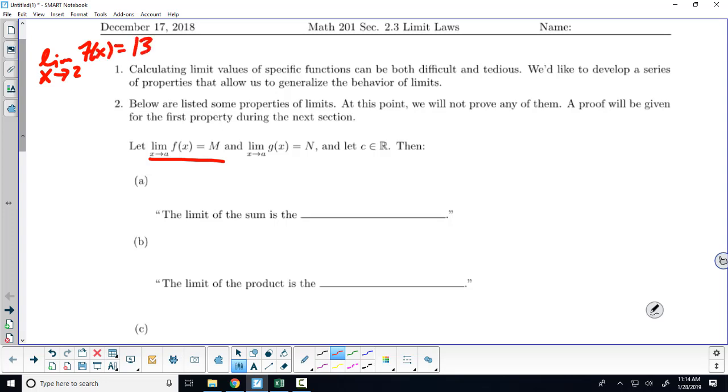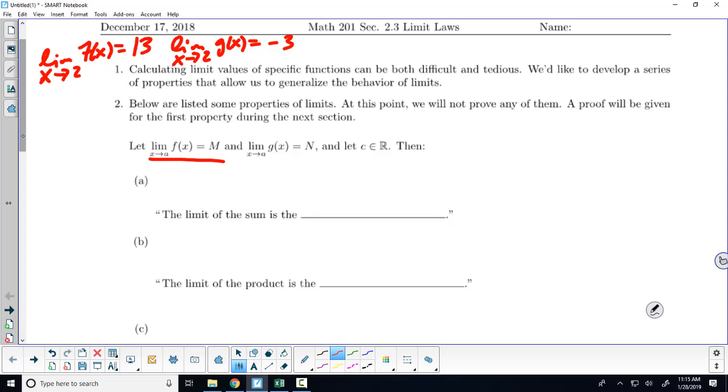Suppose we know that. And suppose we know that the limit as x approaches 2 of some other function g of x is minus 3. What can we do based upon knowing the limits of those two functions? Well, it turns out we can do quite a lot by combining those two functions together in different ways.